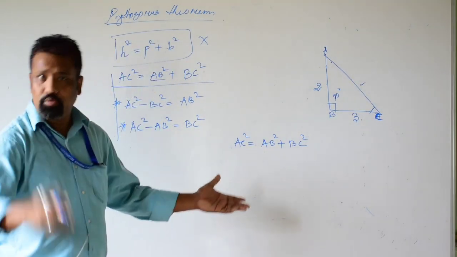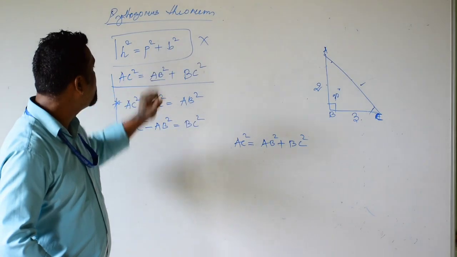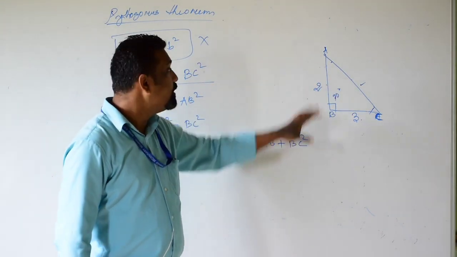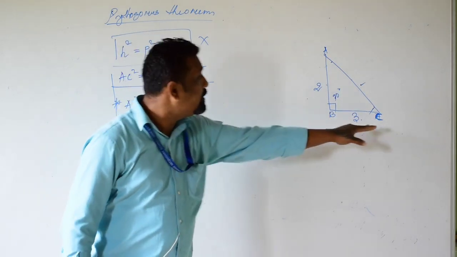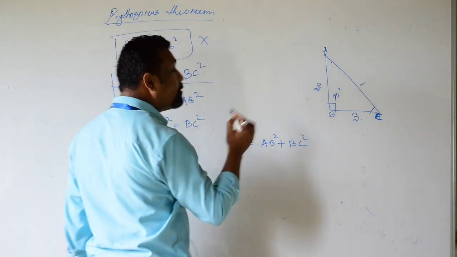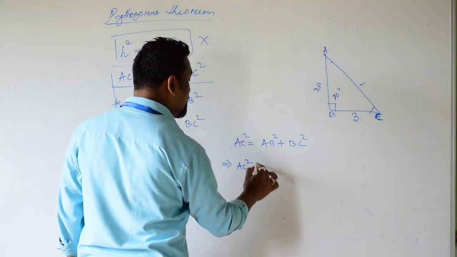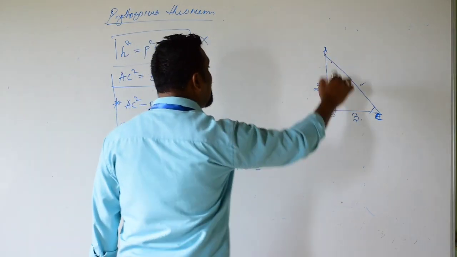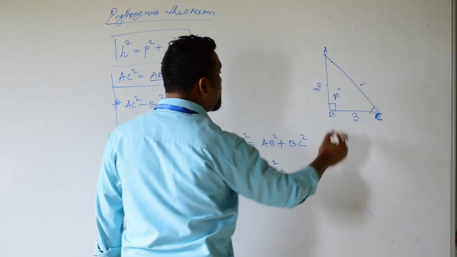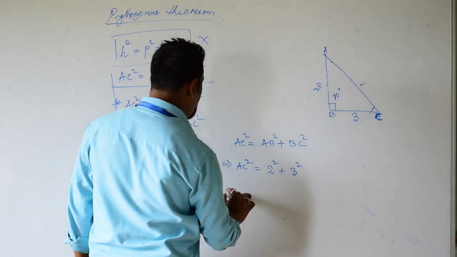This is the formula which you know: hypotenuse square is equal to perpendicular square plus base square. Since we are talking about this triangle, this is the perpendicular, this is the base, and this is the hypotenuse. The larger side is the hypotenuse, and I have to find the hypotenuse. We keep the hypotenuse like this. We have the perpendicular value, that is 2, we put it here with the square. BC, the value is given as 3, and we put a square here.